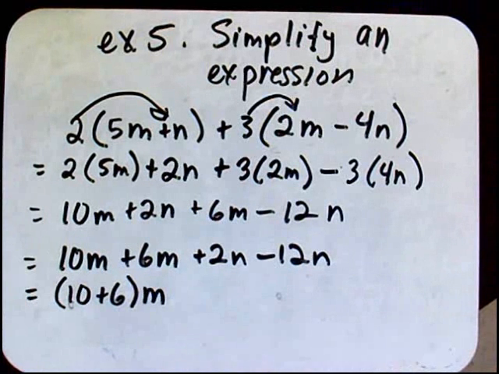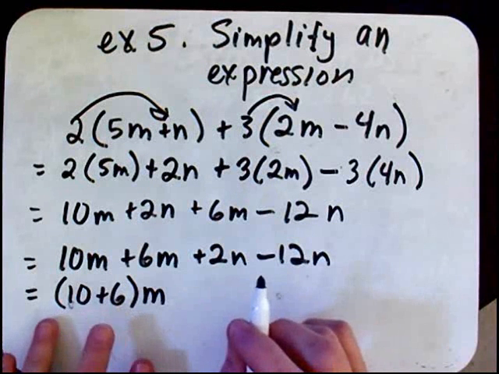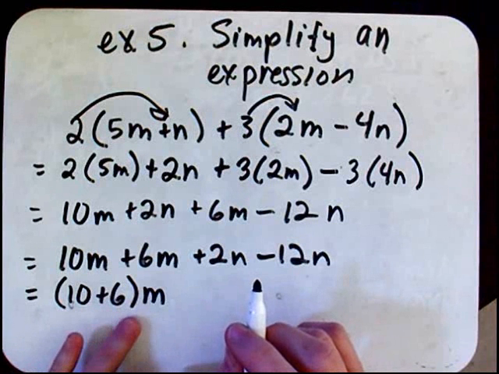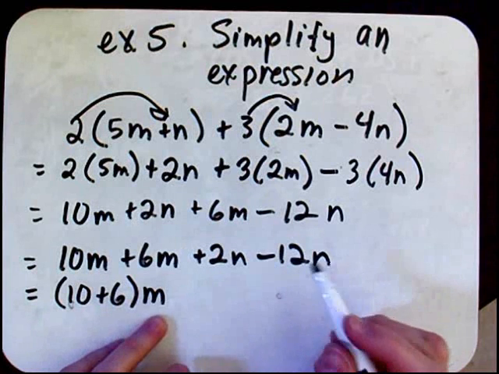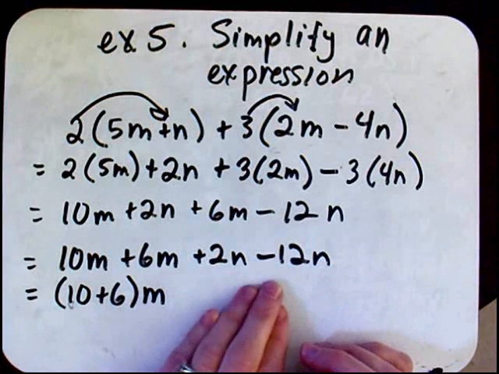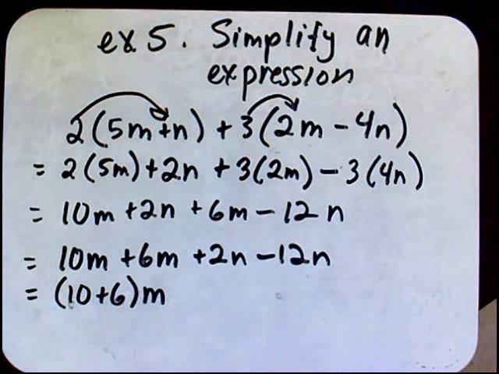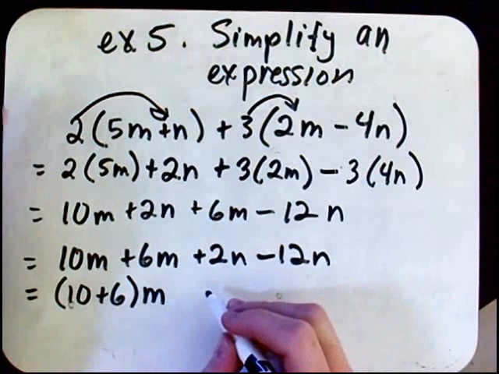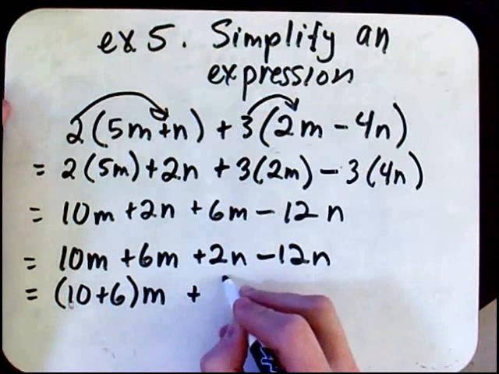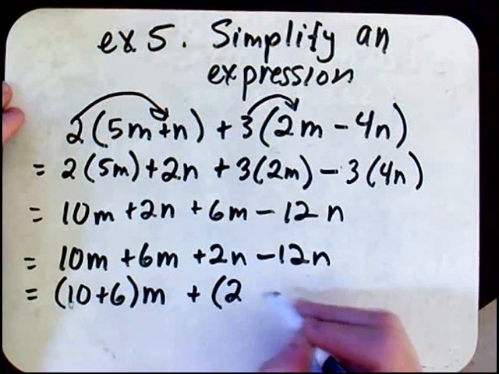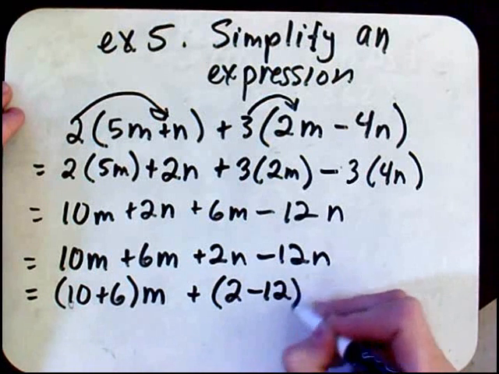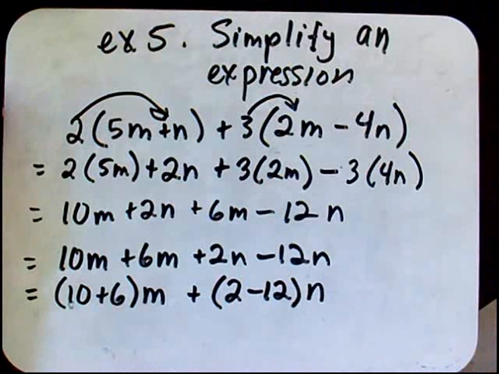Because we have to add our numbers together and then multiply by our m. And then we have a 2n minus 12n. Again, those are both n's, so we can pull that n out and multiply it after we're done using the distributive property. So then we get plus open 2 minus 12 close times our n.